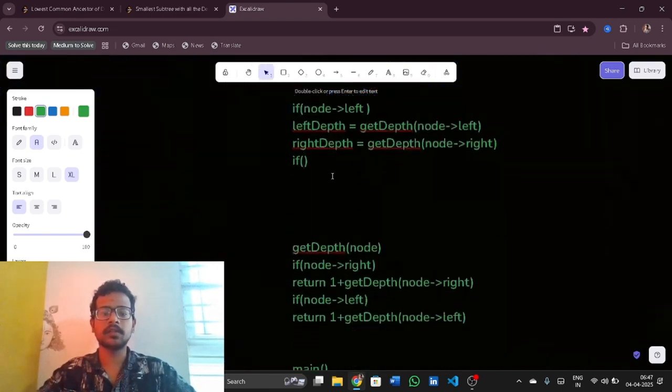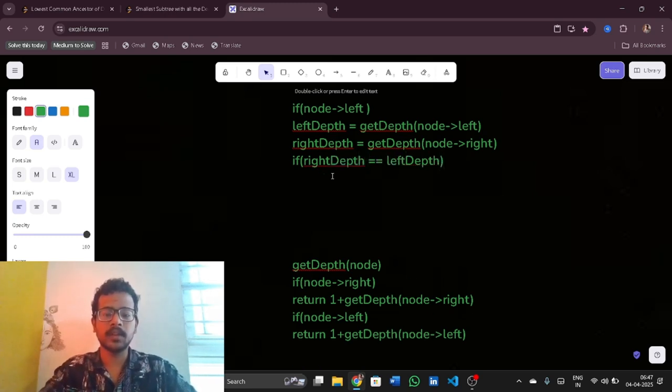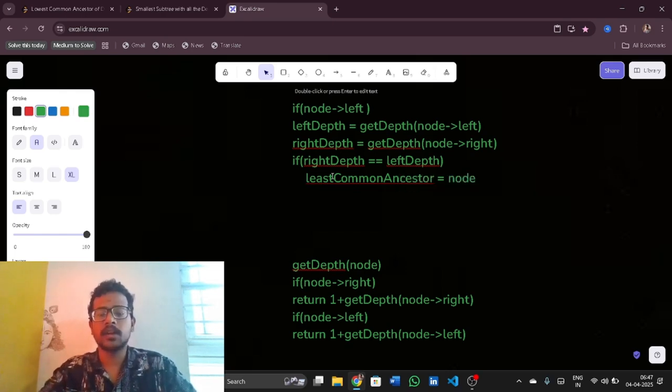So if right depth is equal to left depth, then the least common ancestor will be equal to the current node.